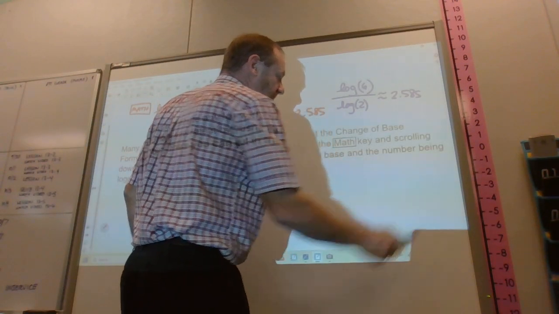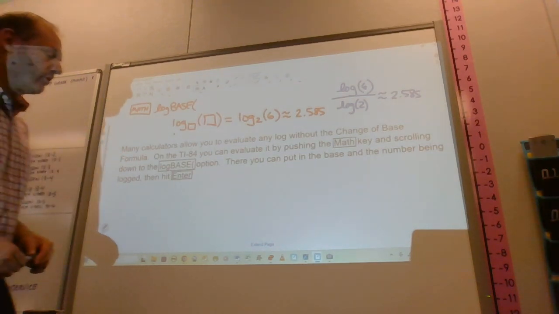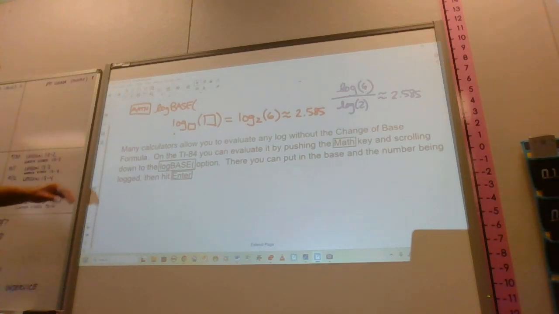Okay, so here are the directions for how to put that in a TI-84 in case you need to do that. I'm not going to go through that again.